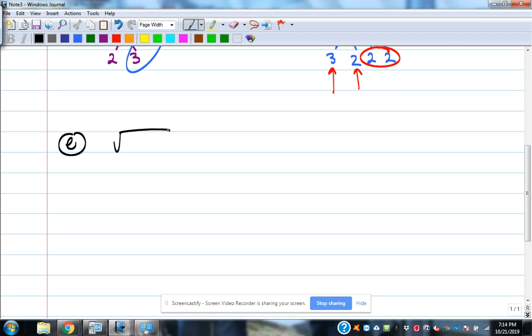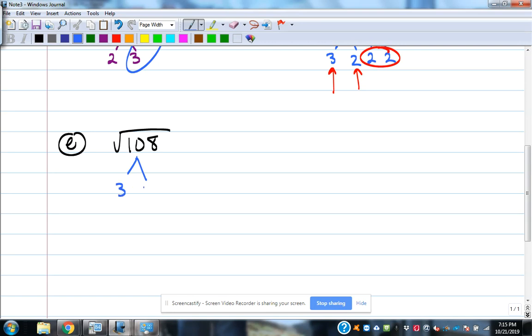Let's go to a bigger number like 108. Get more stuff out of that. Okay. 108. What do we know about 108? What numbers go into it? It's even. 3 and 36.